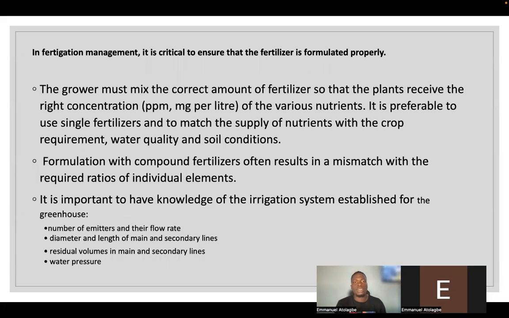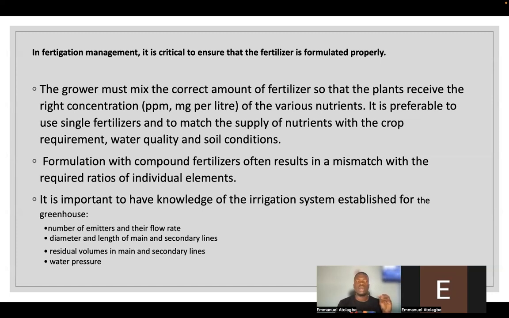In fertigation management, it is critical to ensure that the fertilizer is formulated properly. The more accurate you are in formulating your fertigation regime, the better the results you get from your plants. So the grower must mix the correct amount of fertilizer. In the last class, I made mention of this adequate amount.